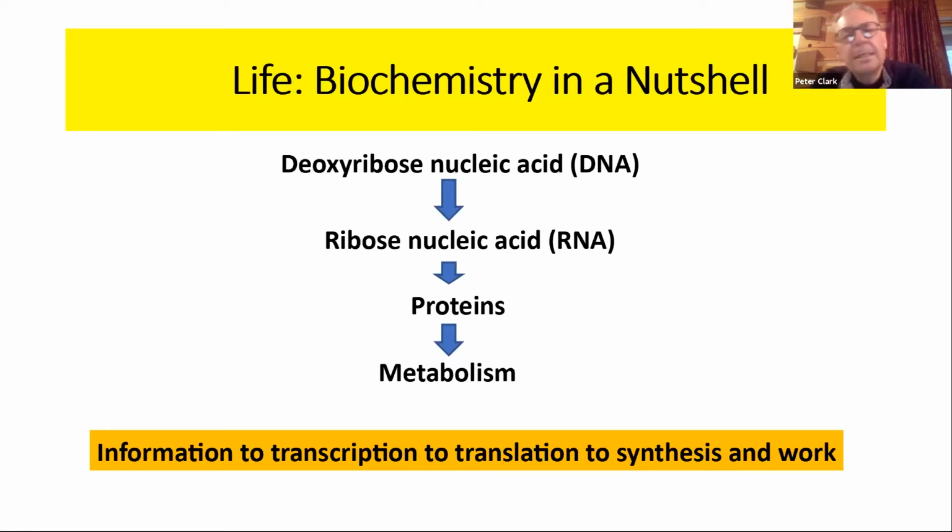And DNA is the repository of information, which is then transcribed to ribose nucleic acid, RNA, and that information is then used in a complex molecular system called a ribosome to construct proteins. It's a fascinating subject and I won't spend too much time on that, but once we have proteins, then we have the means of metabolism.